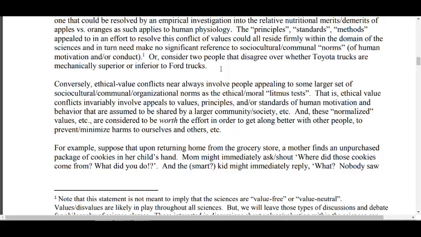Certain value conflicts are resolved simply by appealing to the outcome of various scientific experiments or appealing to the speed at which a calculation could be made. These things have nothing really to do with sociocultural norms, what's often referred to as norms. We can, in a sense, objectively measure.